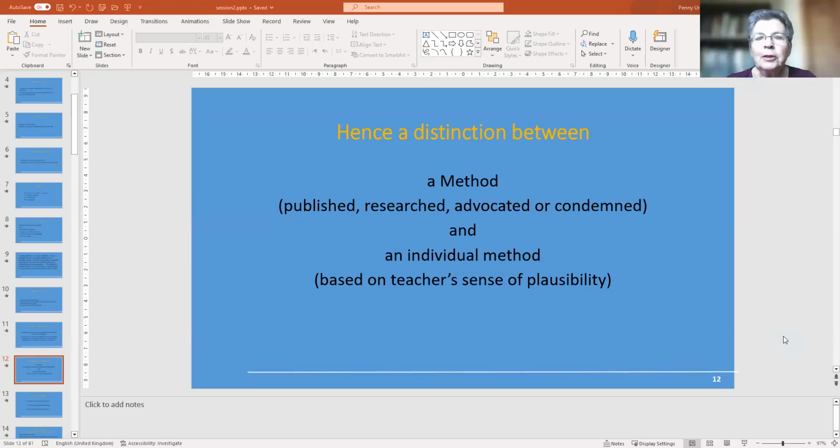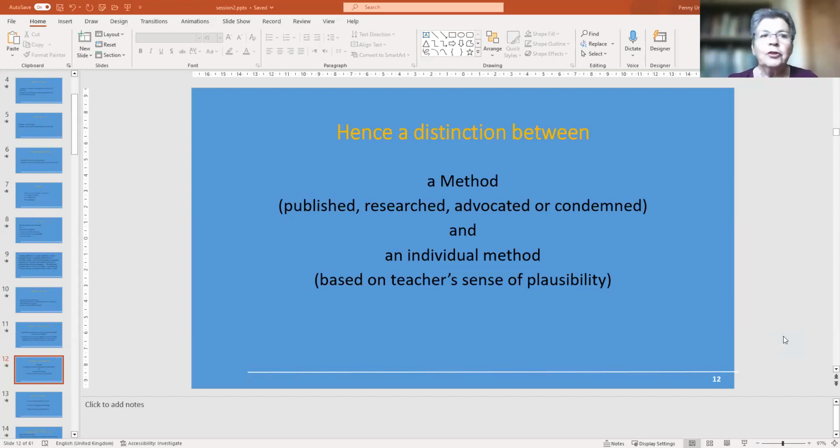But basically, what he's doing is asserting the right of the teacher to choose what's right for him or her in particular contexts, even your own teaching personality, rather than based on something which someone else says is right.